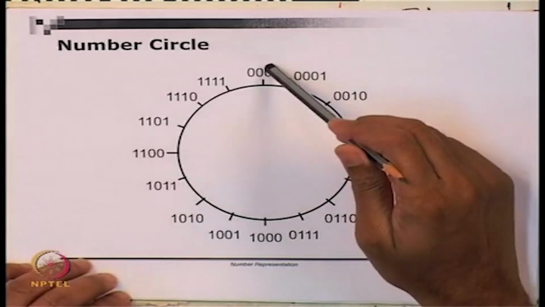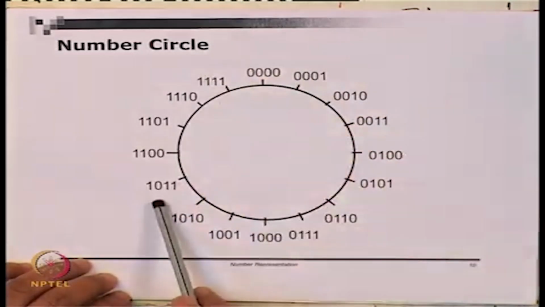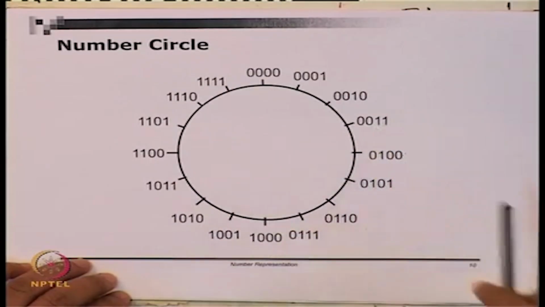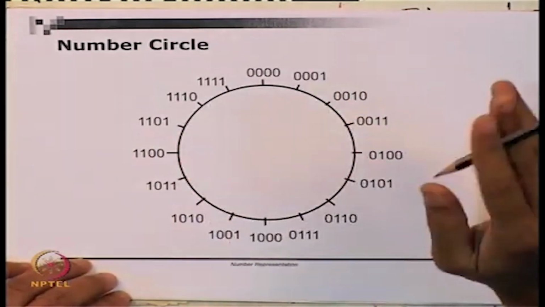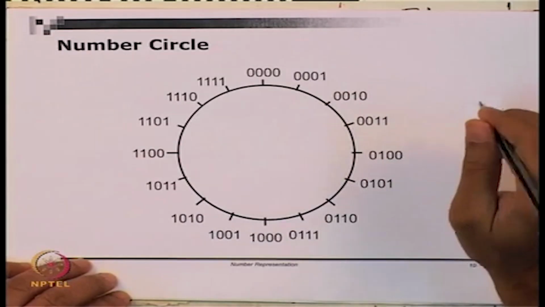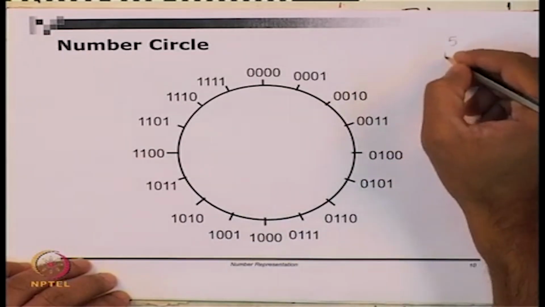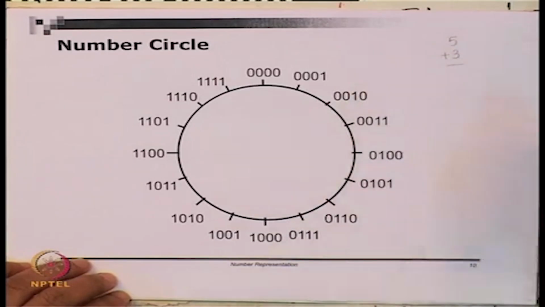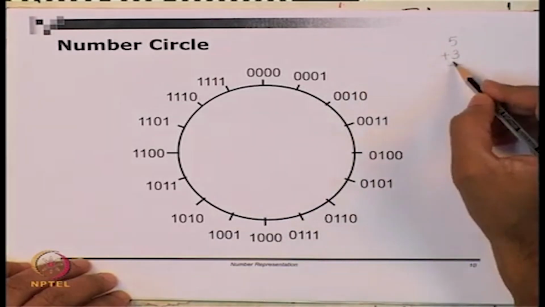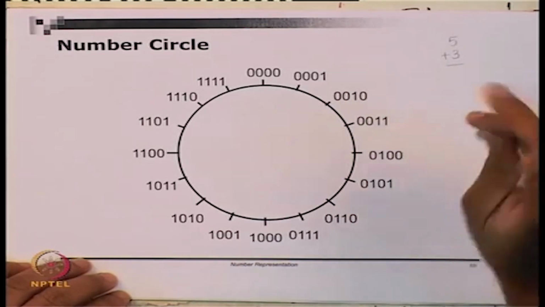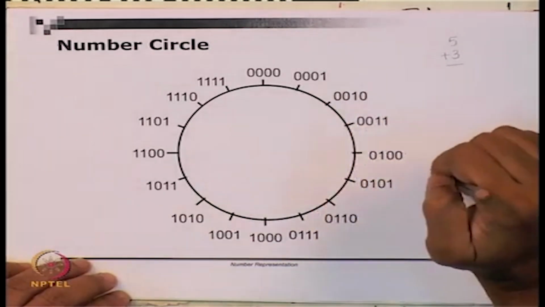So, this will be number 0, this will be number 15, this is number 11, this is number 3 and so on. Let us keep it as it is. Now, if I ask you to add number 3 to number 5, in the number circle you can do something very interesting.